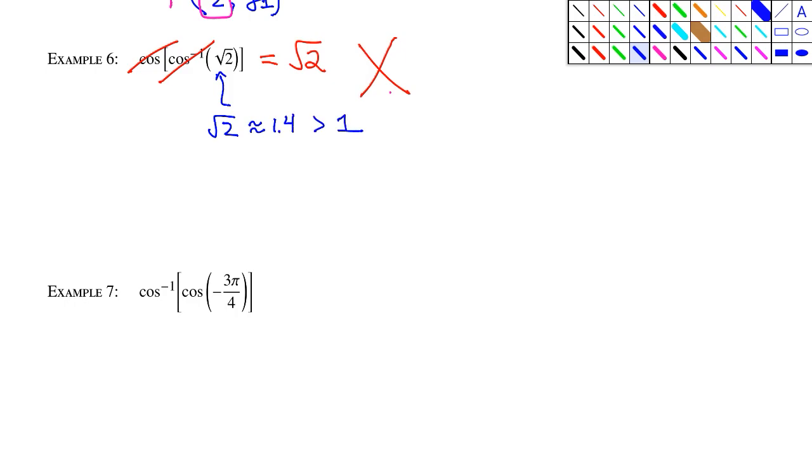And we know that the cosine function has a maximum value of 1. So therefore, there is no angle that you can take the cosine of to get root 2. So the cosine of theta equals root 2 has no solution. And therefore, this arc cosine of root 2 is undefined. And that's the answer for this one.